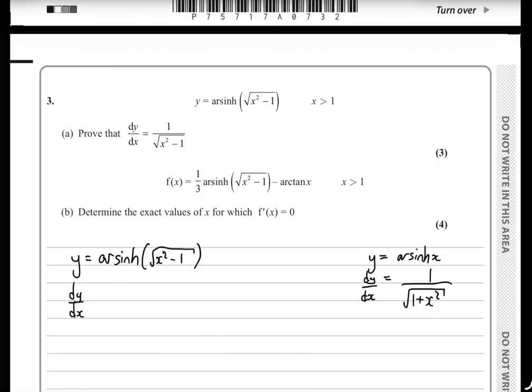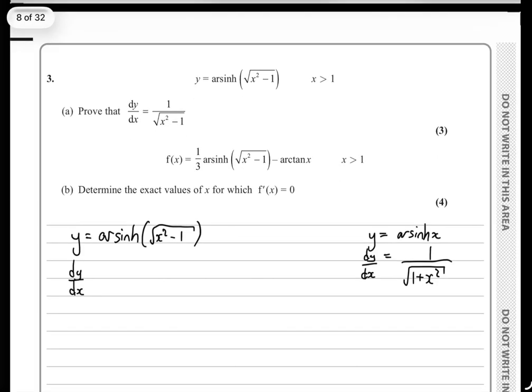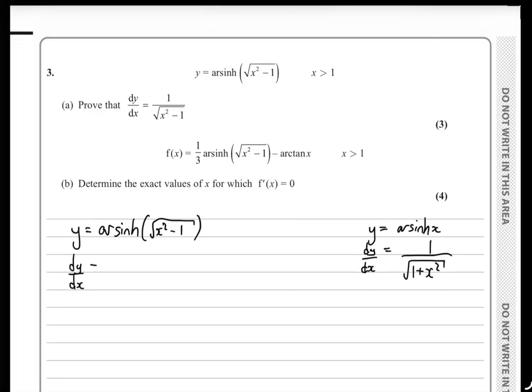So that's there on the side, but that's for arcsin x, not arcsin the root of x squared minus 1. So I can put the root of x squared minus 1 into that expression. So it's 1 over square root of 1 plus root of x squared minus 1 squared.